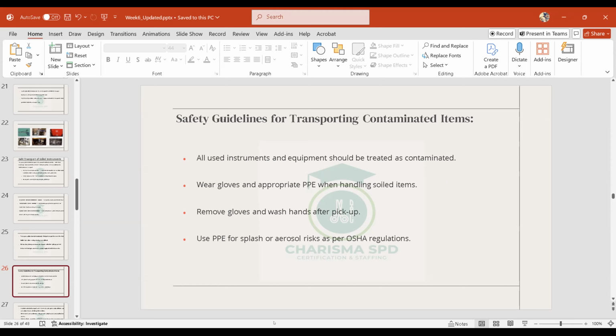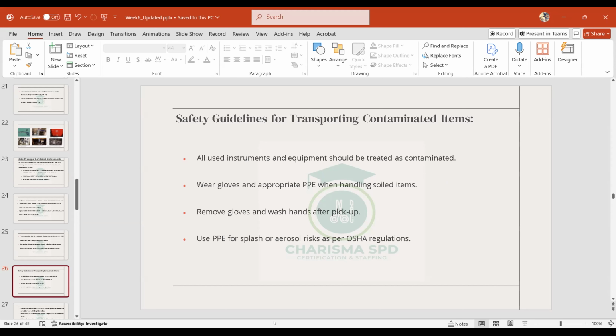Use PPE for splash or aerosol leak risk as per OSHA regulation. So you have to wear a mask.